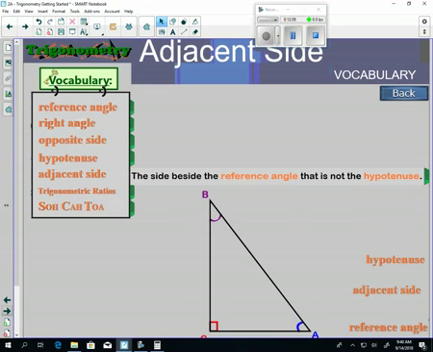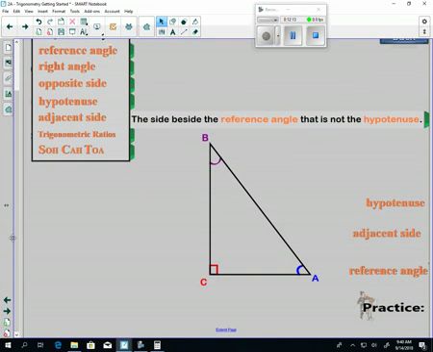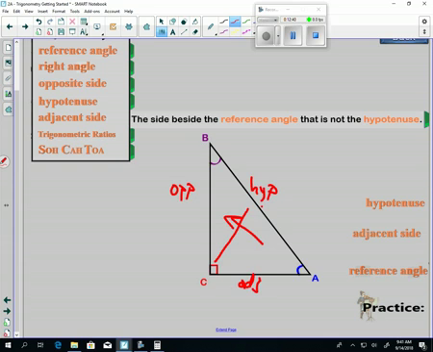Now, next is the adjacent side. Well, let's look at one of the reference angles. Say we are looking at angle A. Well, which is the opposite side? Over here, opposite. Which one is the hypotenuse? The hypotenuse is opposite the right angle, so it's over here. The next side, the only one left, is the one called the adjacent side. It is the one next to it.